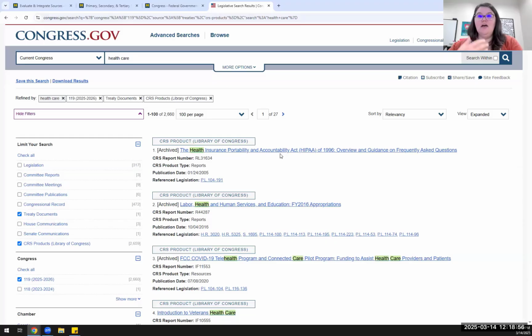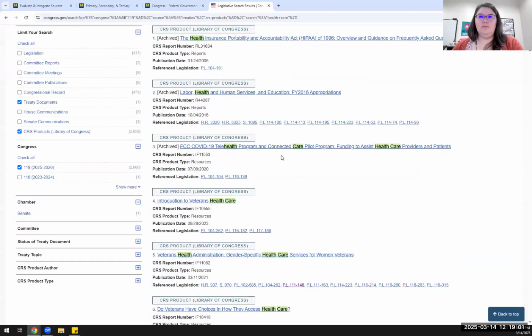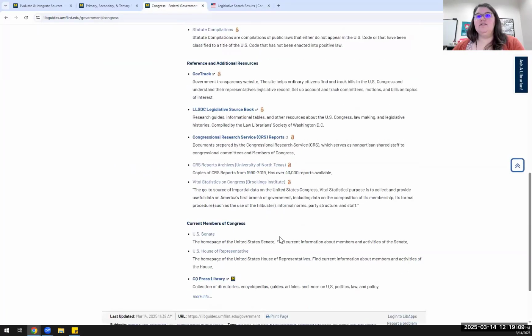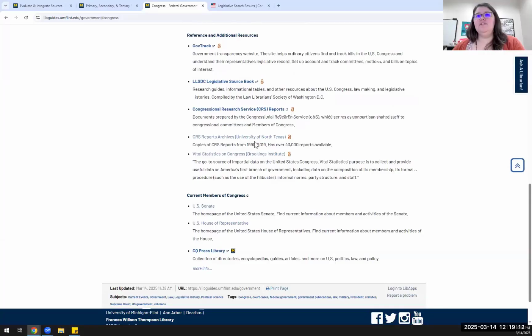To give them background and things. Most of these are available through congress.gov. There's some that are available through the National Archives. There's also some that are available through the University of North Texas. We have some of these pulled out here too.